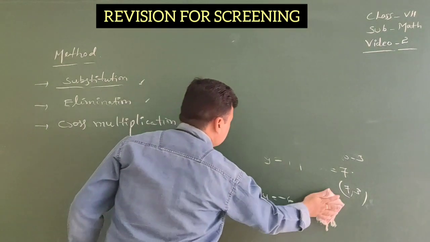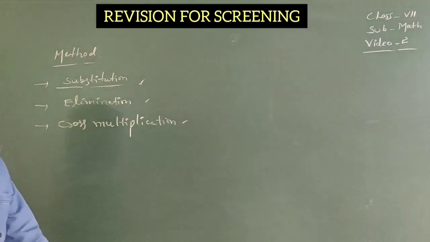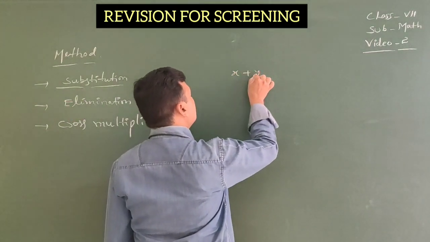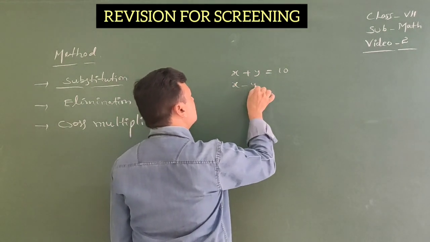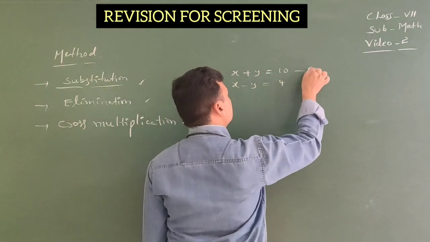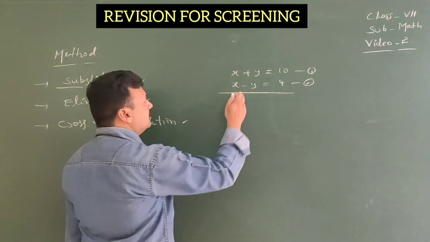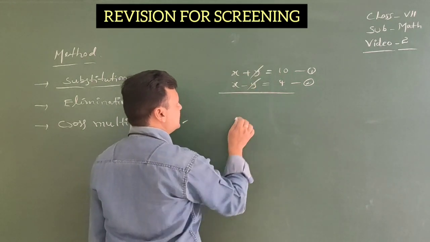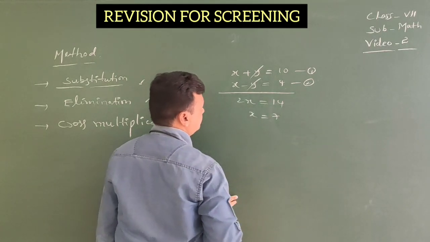Next, elimination. With the help of addition and subtraction, we need to eliminate one of the variables. Automatically, the given equations convert into a simple linear equation. For example, from the previous example, x plus y equal to 10 and x minus y equal to 4. Here, if you add these equations, y gets cancelled because they have opposite signs. 2x equal to 14, x equal to 7.